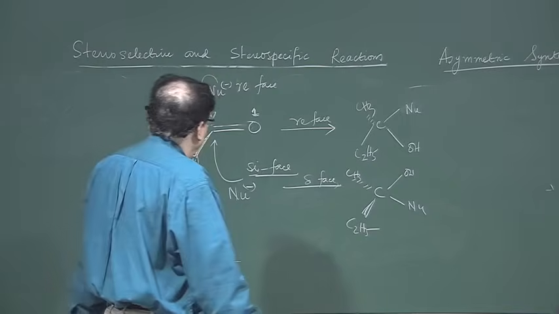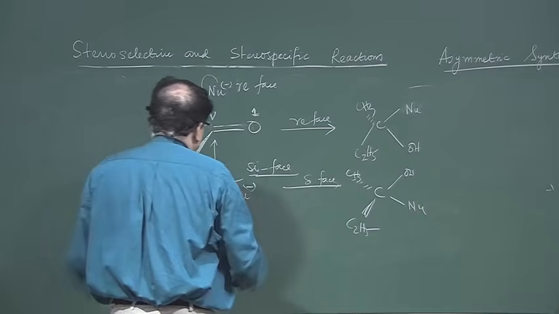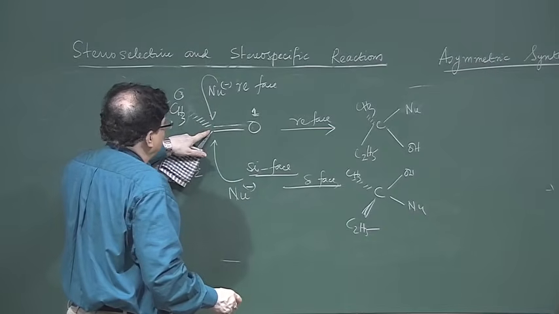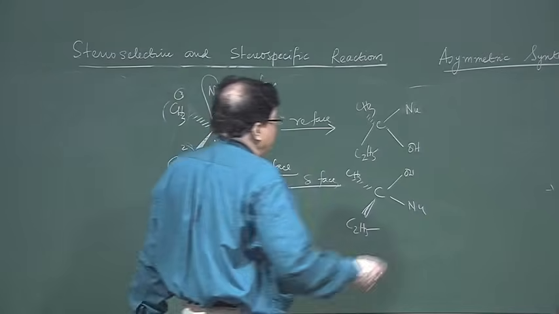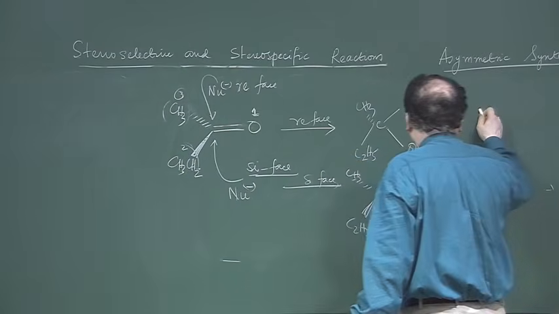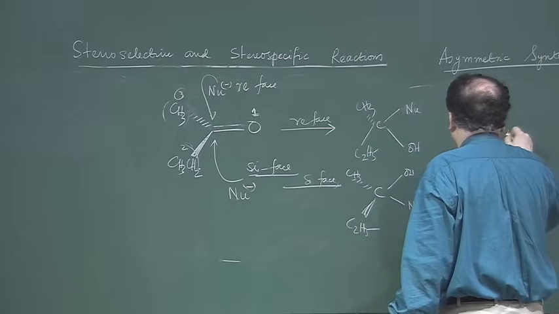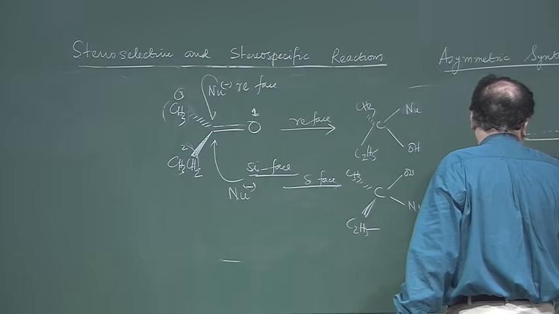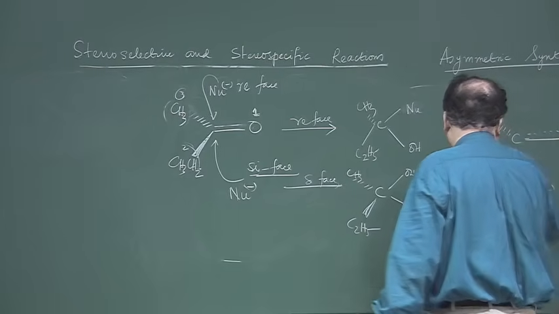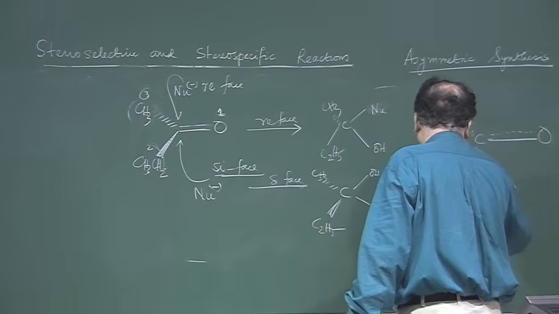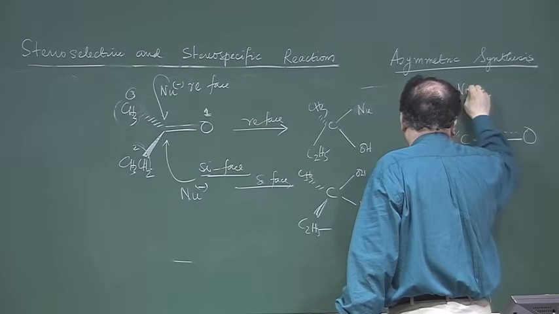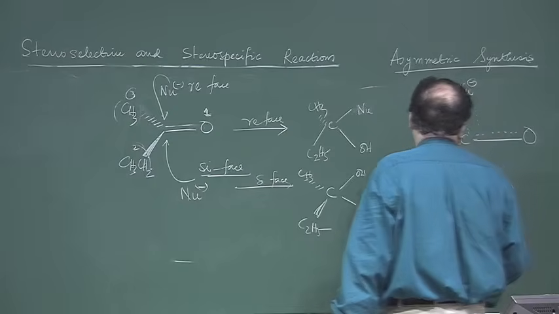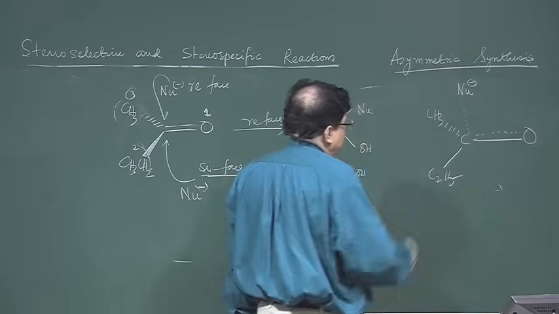Now, the transition state that is involved when the attack takes place from the Re face, you can depict it without much deformation. You can say that the carbonyl oxygen has broken to some extent and this is the C2H5, this is the nucleophile, which is forming a bond, a half bond. So, this is the transition state.